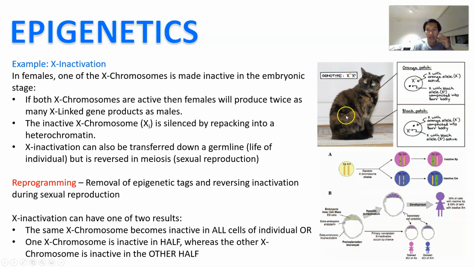This means that in some patches the black is expressed, in other patches the orange is expressed, and as a result of that, you get a blend of a mottled color, or a calico color, in cats. Now, that is also why most calico cats are female. You can have some males that have it, but mostly females.